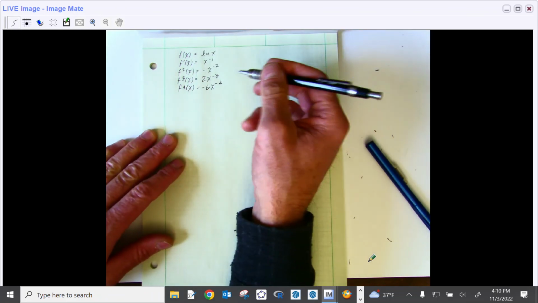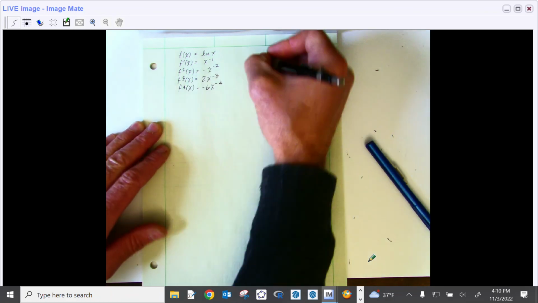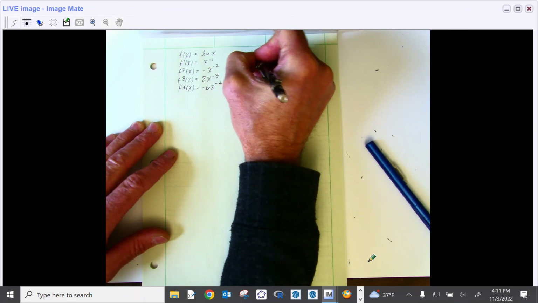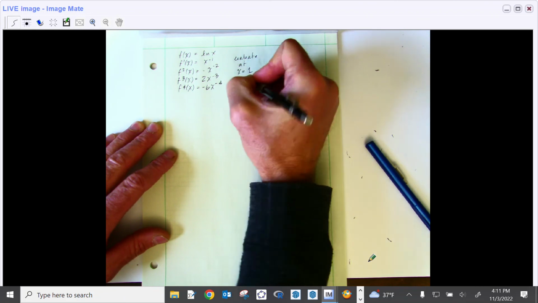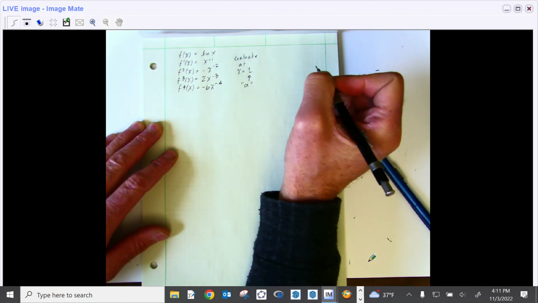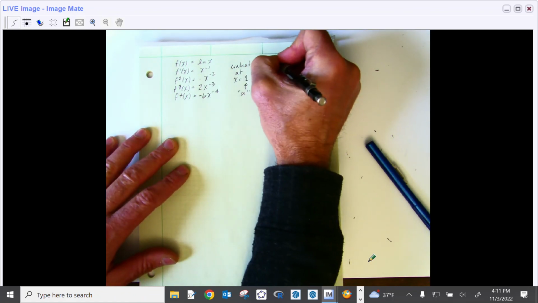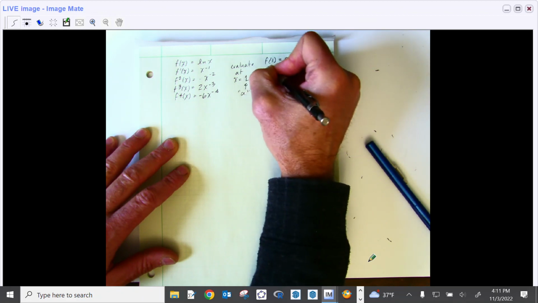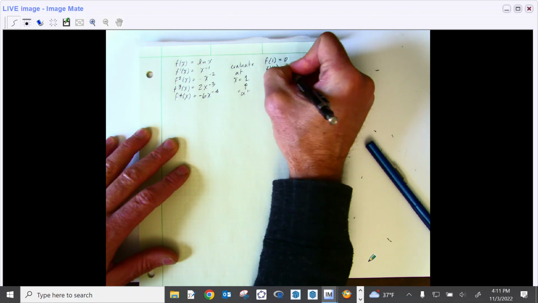I need to evaluate each one of those at a. So evaluate at x equal to 1. This is my a in the format. So f of 1, well, that's the natural log of 1. It's 0. The first derivative evaluated at 1 is just 1 over 1, or 1.